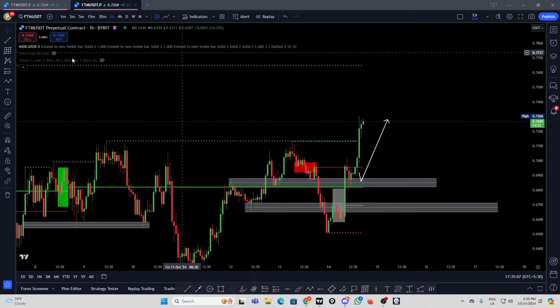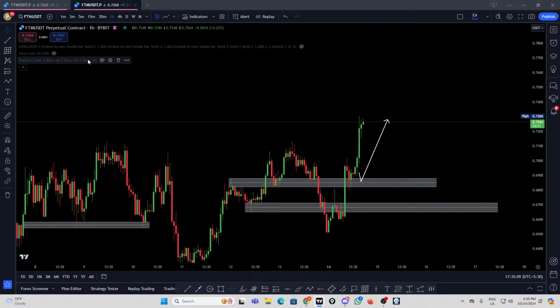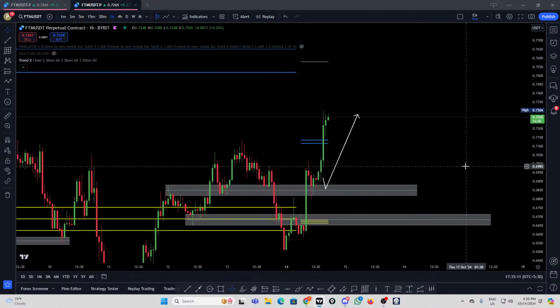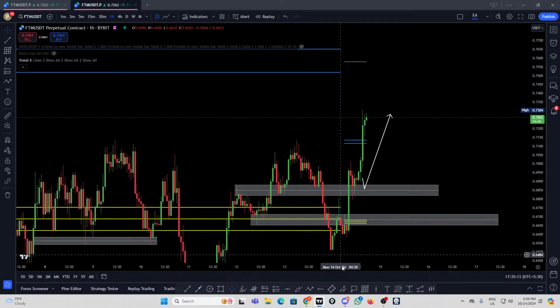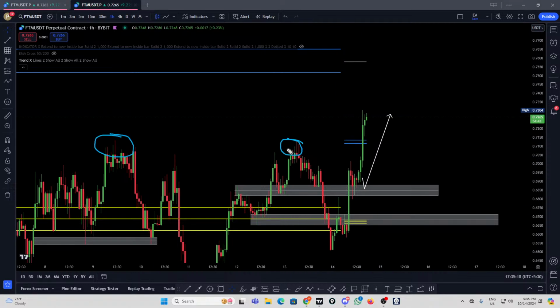If you miss this trade, guys, you can do one more thing. See, we have resistance at this place. Just look at these rejections. From this area, you can plan your trade. Look at the stop loss.